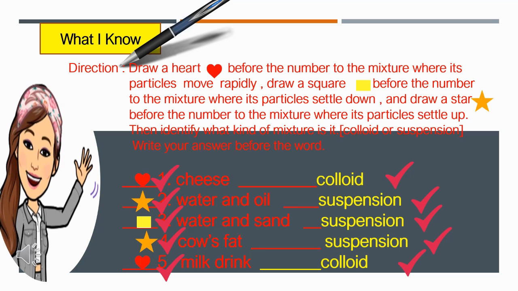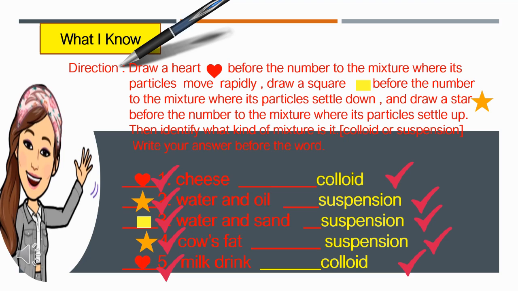Now, it's time to check your answer. Number 1, the word cheese. You draw a heart, meaning its particles move rapidly. Check. Kind of mixture, colloid. Again, check. Very good. Number 2, the word water and oil. You draw a star, meaning the particles of the mixture settle up.